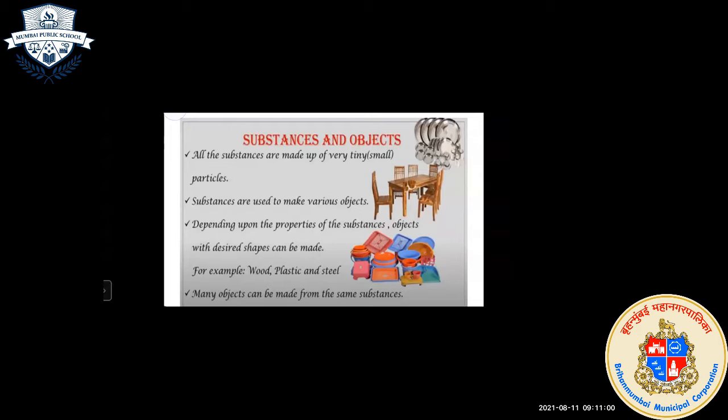Now, depending upon the properties of the substance, objects with desired shapes can be made. What do you mean by properties of the substances? Properties, we can say the characteristics or the good things they have. Now I'll explain this. One more thing I wanted to say, that many objects can be made from the same substance.